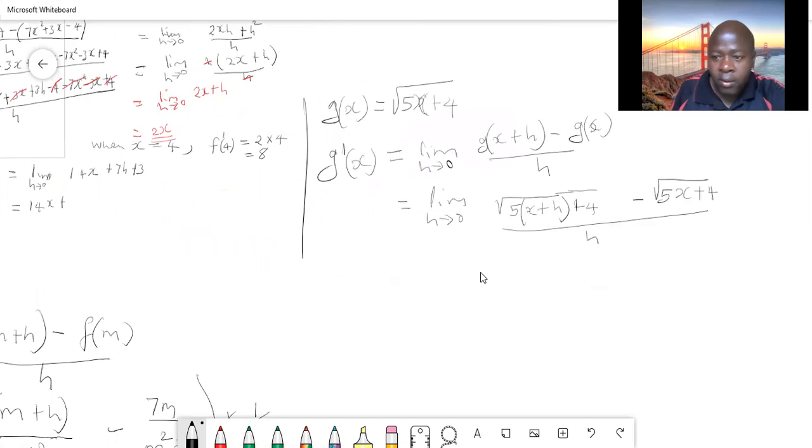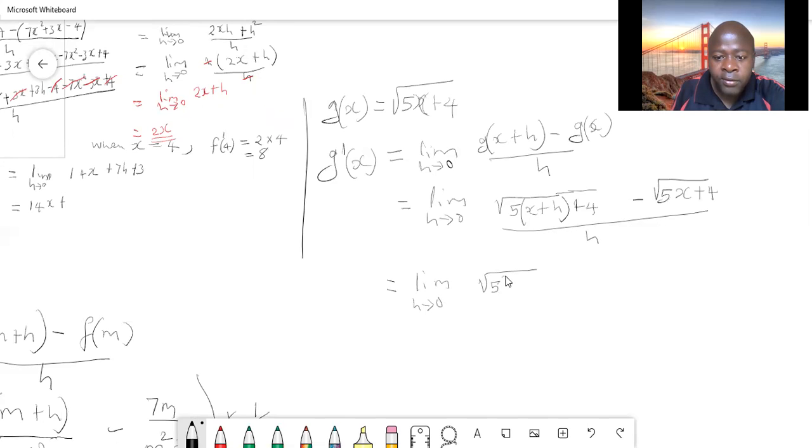So you can see that we have our roots in the numerator, which tells us that we must rationalize that numerator. So to do that, we multiply both the numerator and the denominator by the conjugate of the numerator. So let's just do that.